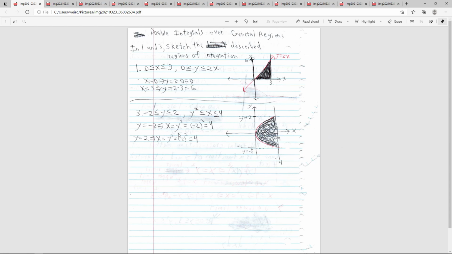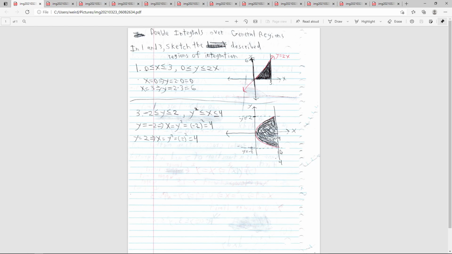But x equals y squared is not that hard to figure out. It's a parabola, and it makes sense, because when y equals 0, x is 0. If you had y equals 1 and 2 and going on, it would get a bigger value of x.